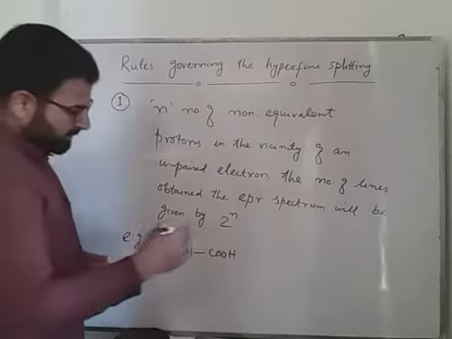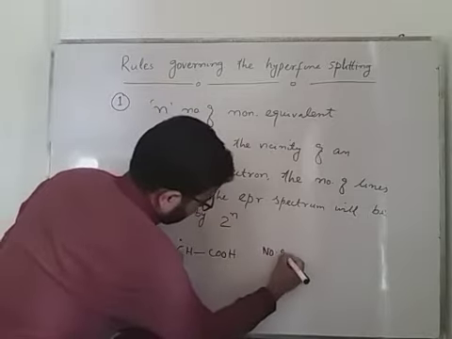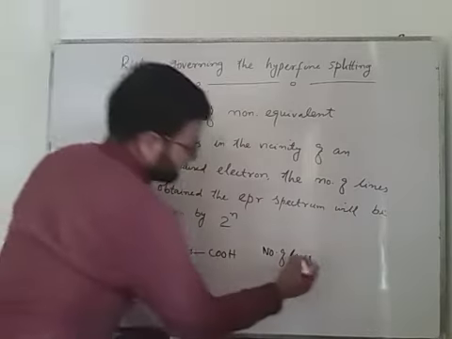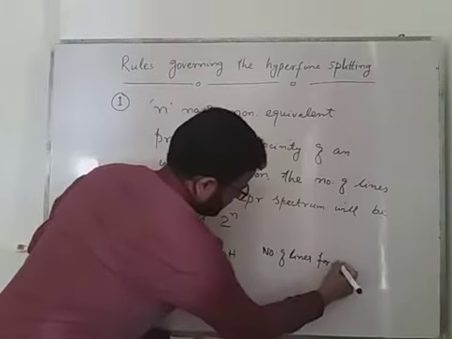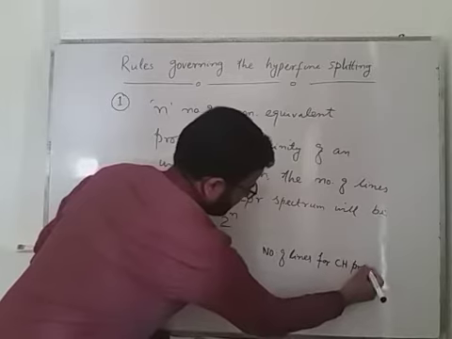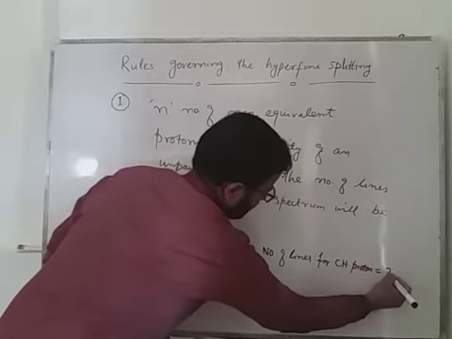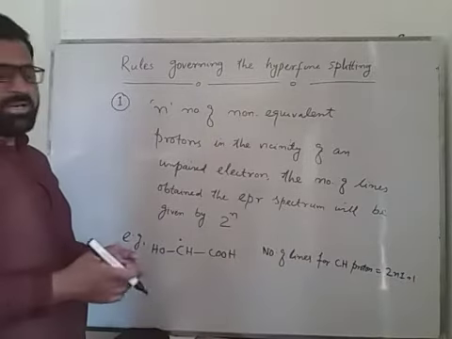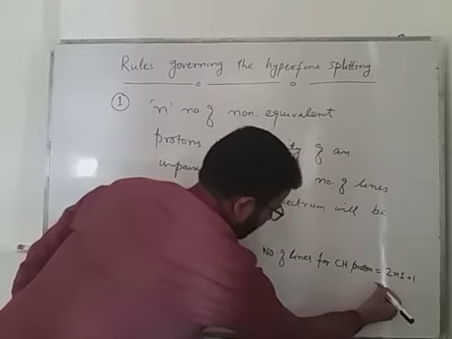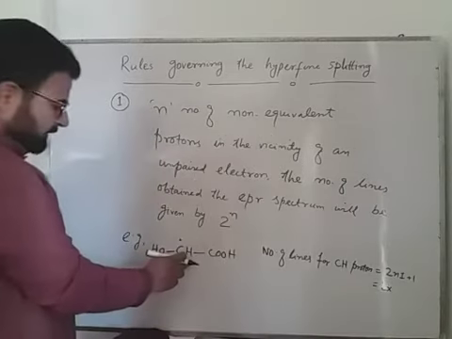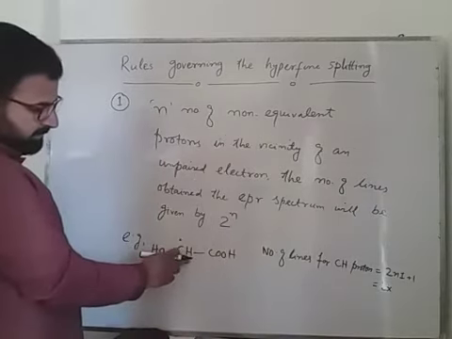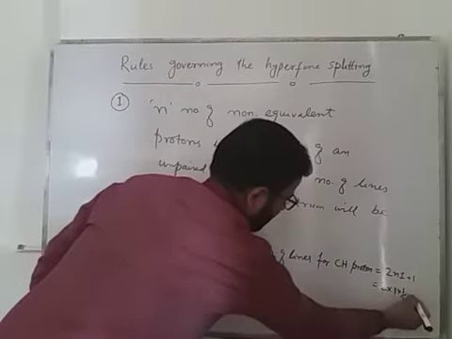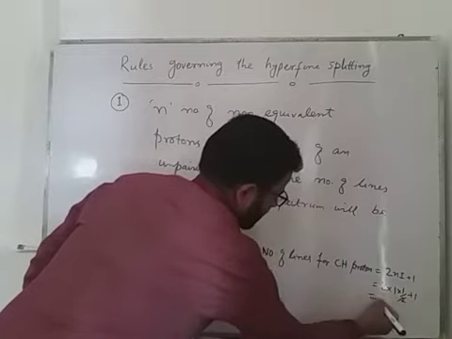Okay, they are in the close vicinity of this unpaired electron. Here, the number of lines obtained for the CH proton will be equal to 2nI plus 1, which we already studied in the previous lecture. That will be equal to 2 into 1, since there is only one proton, into I, which is 1 by 2, plus 1, and it comes out as 2 lines.